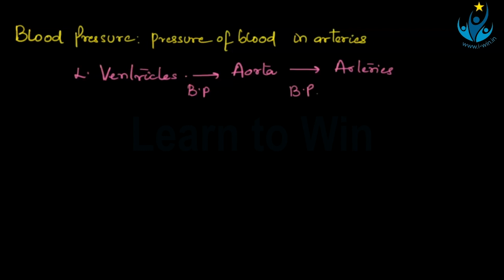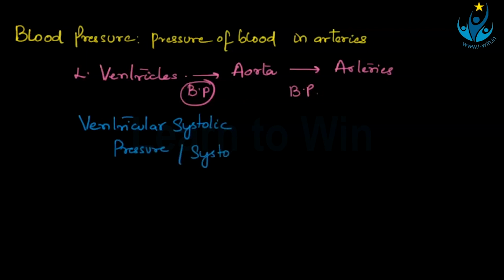Now, the pressure where the ventricle is pushing the blood into the aorta is happening due to ventricular systole. So the pressure here is the ventricular systolic pressure, or systolic pressure.